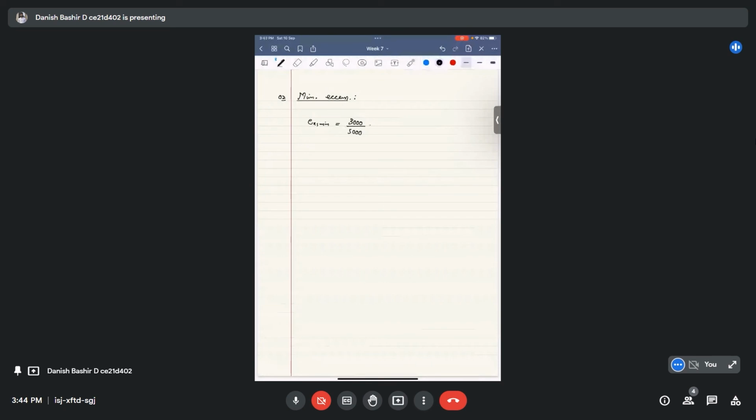How much does it come to? It comes out to be 26.0 mm. It was given as either this or 20 mm, and we have to take the greater of the two. It is greater than 20 mm, so we will stick to 26 mm as the minimum eccentricity.